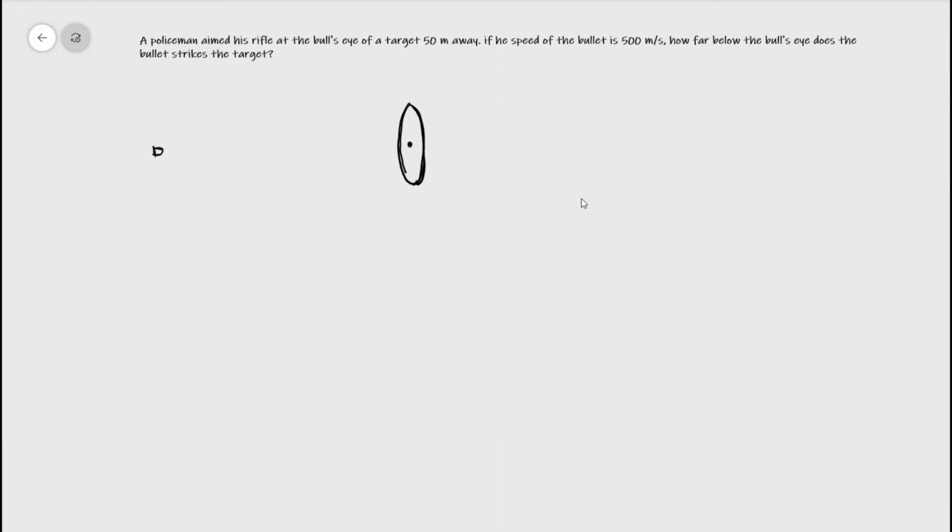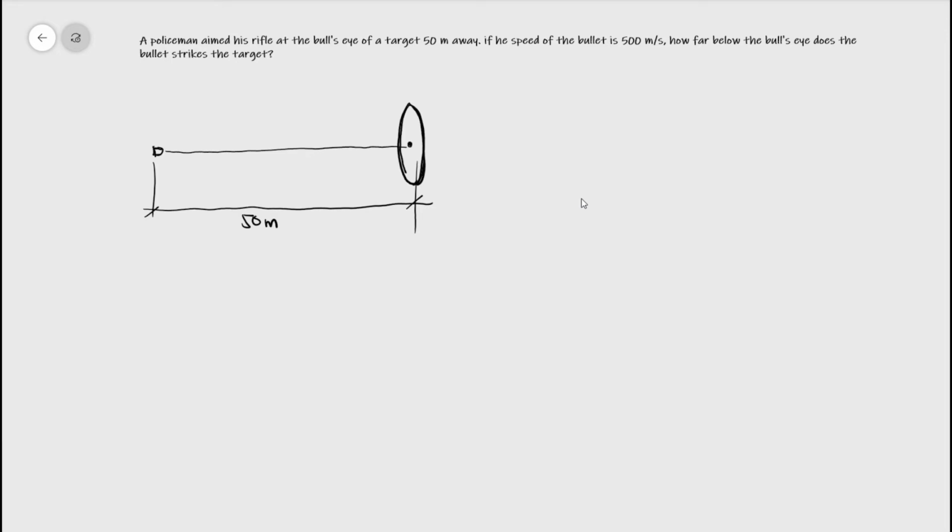Now the bullet is traveling to the right with a distance of 50 meters to the target. Let's say the distance here is 50 meters, and this bullet again is traveling to the right to hit the target.